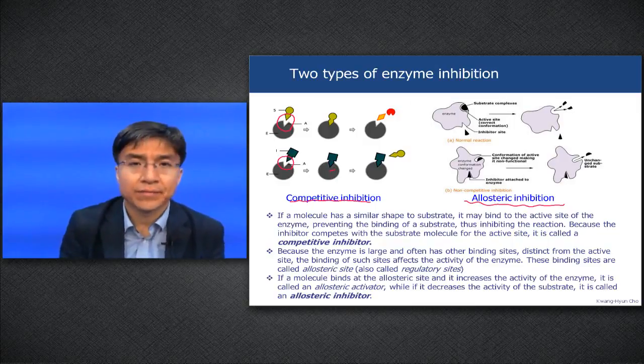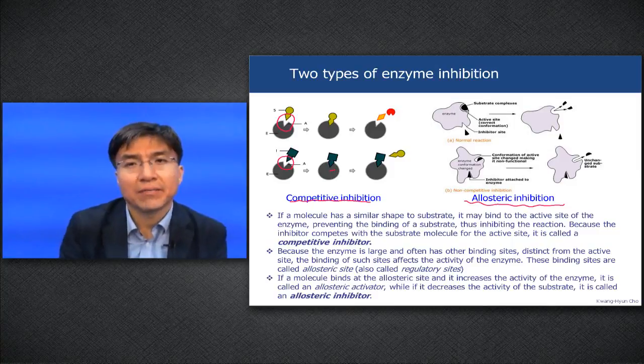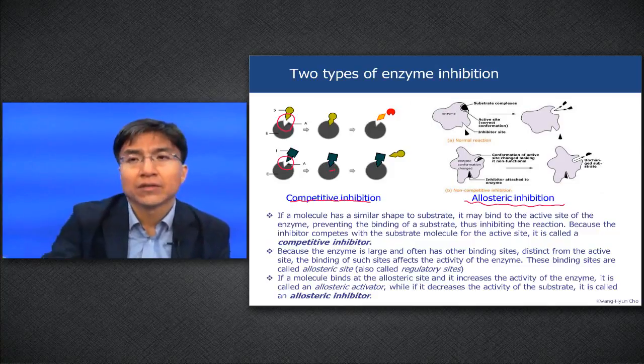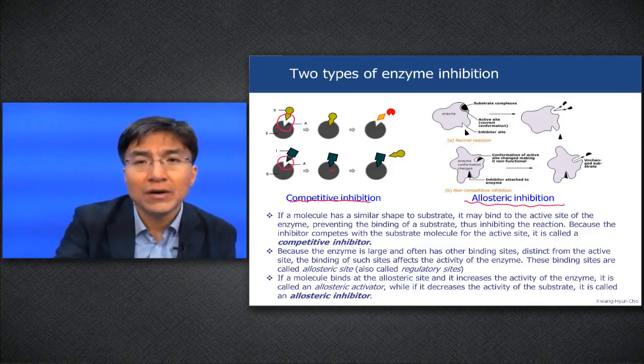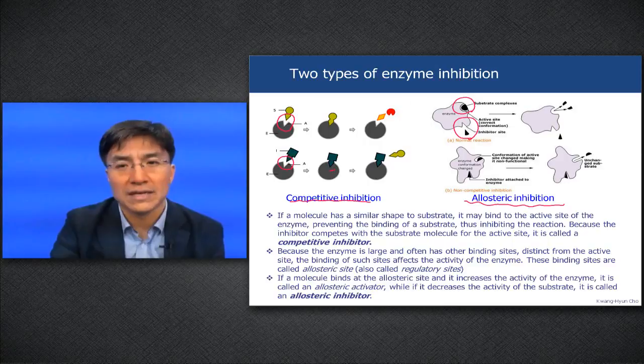On the other hand, the binding of enzyme and substrate can actually modify the three-dimensional structure of the enzyme. That is, without binding of inhibitor, normally the substrate and enzyme bind at this site.